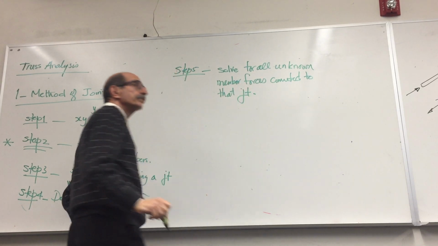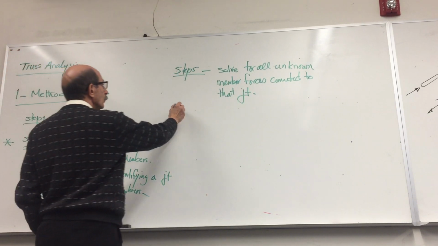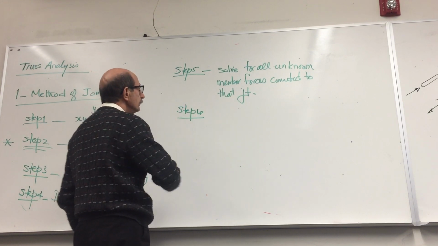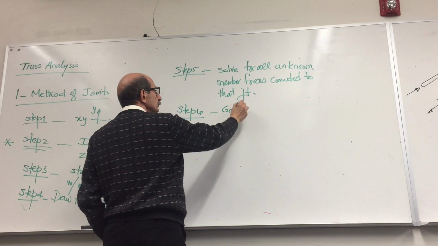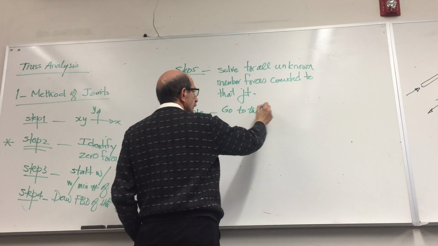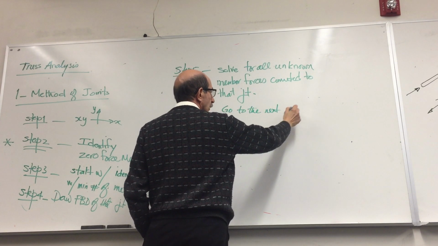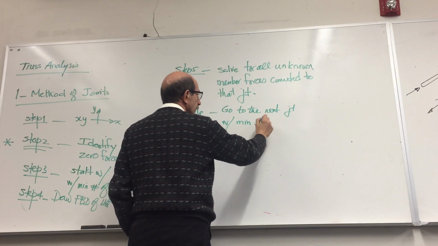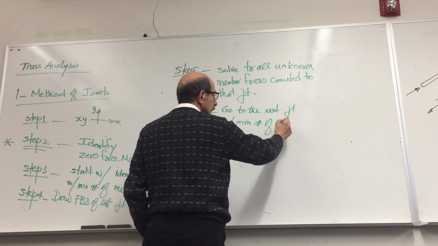Once you're done, go to the next step. Step 6, go to the next joint with the minimum number of unknowns.